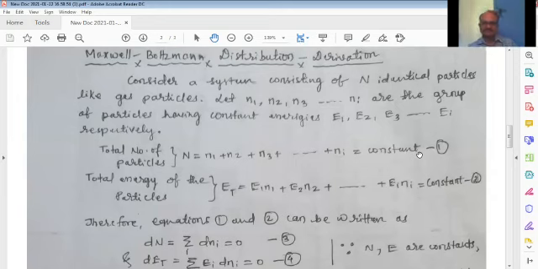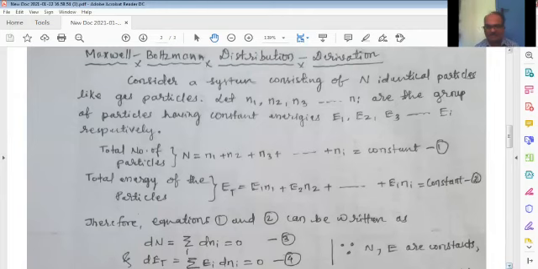Next, the total energy of the particles Et is written in this way: E1 n1 plus E2 n2 plus ... plus Ei ni is equal to a constant. As I told, this n1 itself is a group of particles, but all particles have the constant energy of E1. Therefore, this is multiplied by this group number.